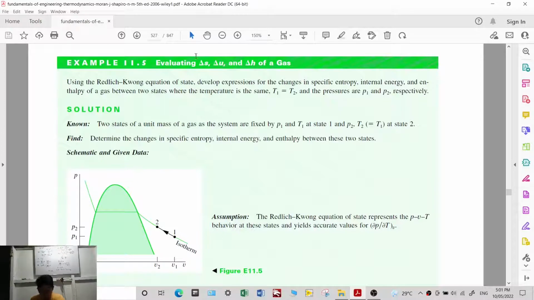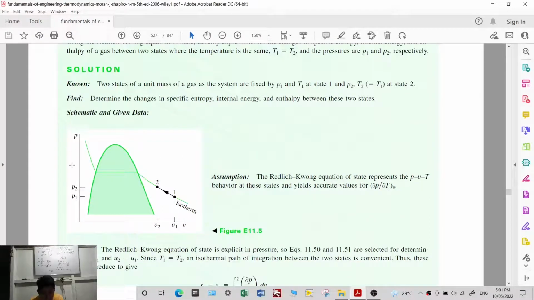Okay, so here's an example of finding the change in entropy, internal energy, and enthalpy. Using the Redlich-Kwong equation of state, develop expressions for the changes in specific entropy, internal energy, and enthalpy of a gas between two states where the temperature is fixed.